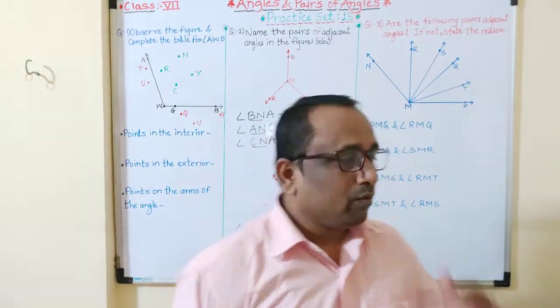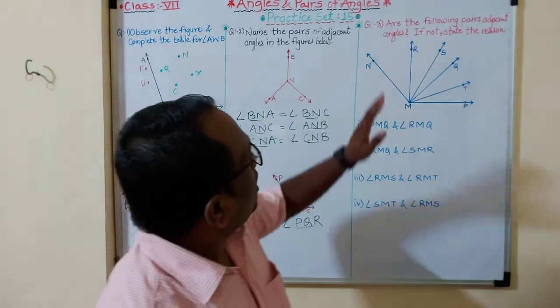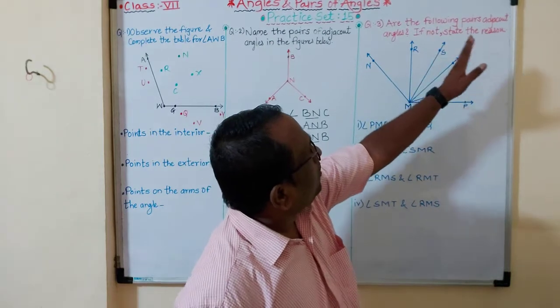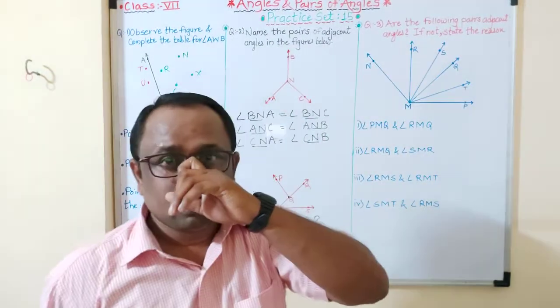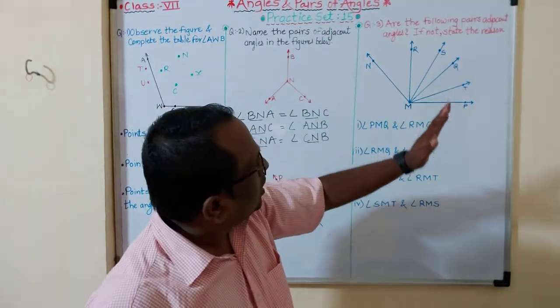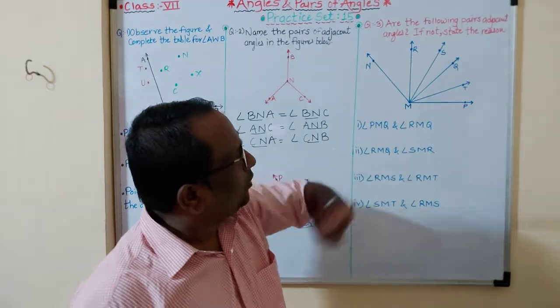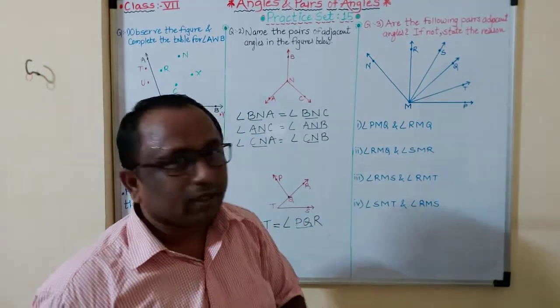Now students, we will move to the third question. They ask, are the following pairs adjacent angles? If not, state the reason. Here in this figure some angles are given, and below, four pairs of angles are given.